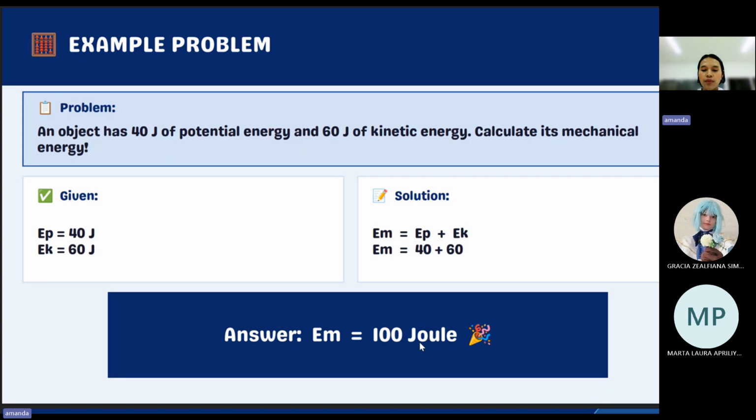Our solution uses the core formula where energy mechanic equals energy potential plus energy kinetic. Plug in the numbers: 40 plus 60, which gives us a final answer of 100 joules. Very easy and straightforward, right?